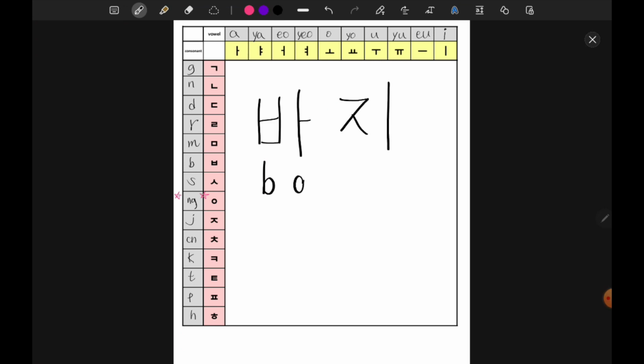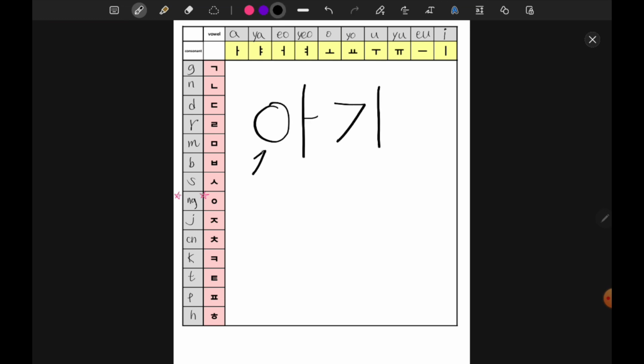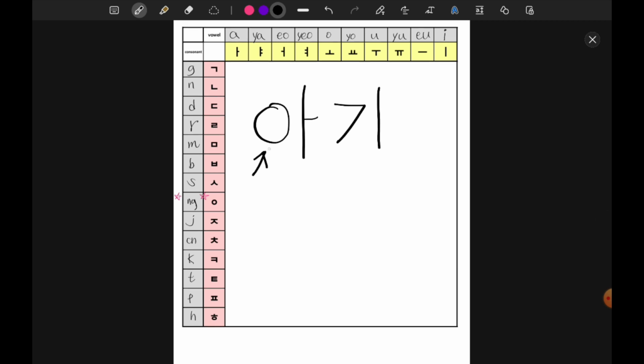부, 아, 바. 즈, 이, 지. 바지, 바지. It means pants. And this consonant is very special, as I told you earlier, because if this consonant is placed at the word initial position, it has no sound.